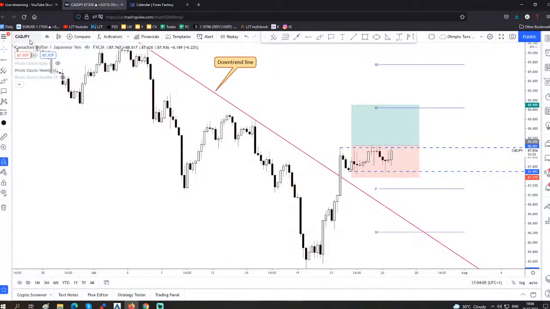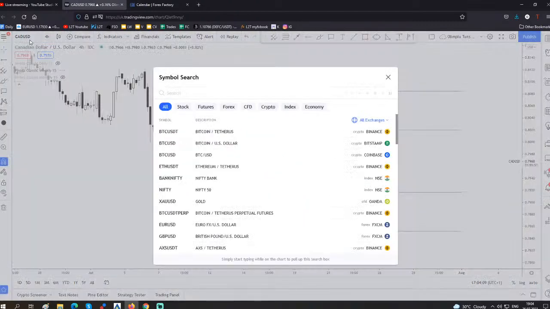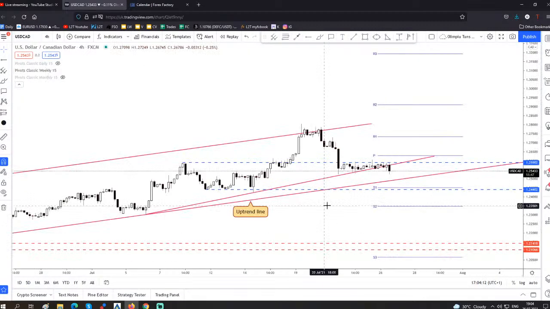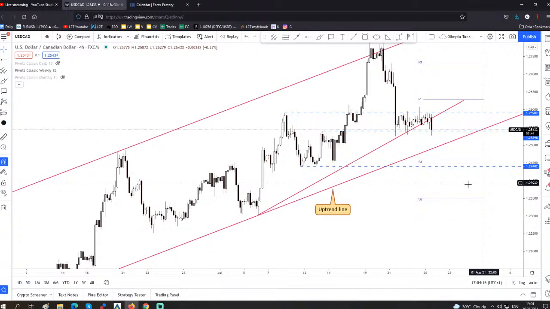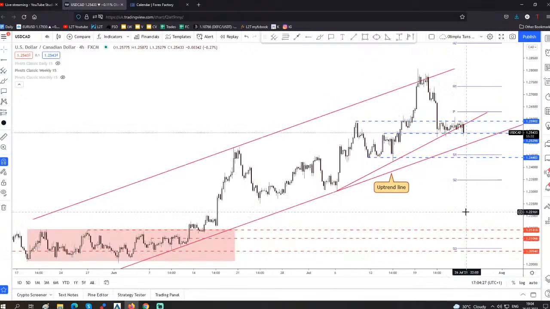US dollar versus the Canadian dollar, sorry. Sideways movement here, it has dropped right below this immediate uptrend line, signaling potential drop also towards this uptrend line, towards up channel support.